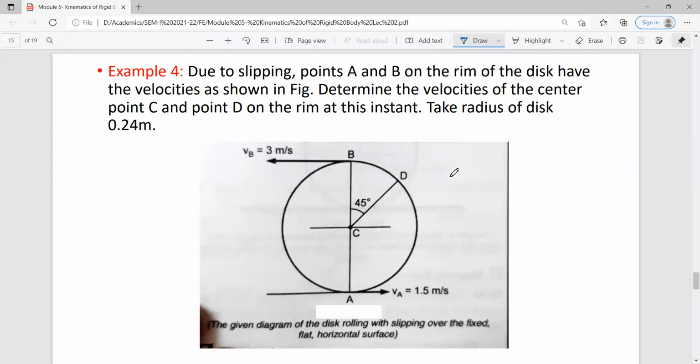Try to use all the concepts we have learned so far. You take down this numerical, then we will stop here and try to get its solution, or we will solve it in the next lecture.